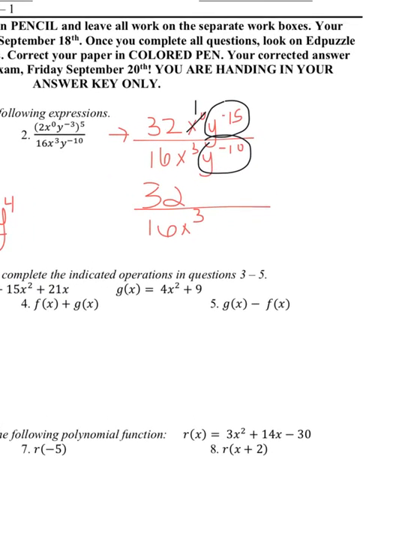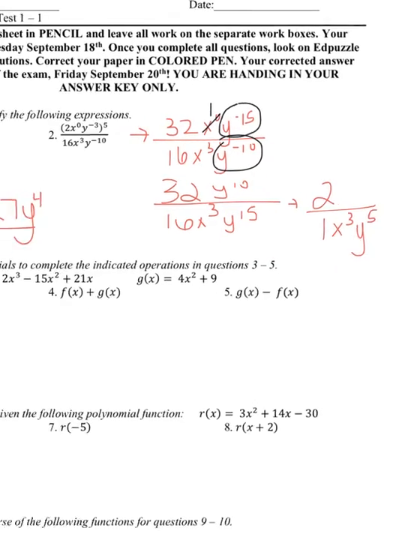And then I'm just going to change this to be y to the positive 10th on the top and y to the positive 15th on the bottom. So now I'm just going to clean this up. 32 divided by 16 turns into 2. If you want to put that 2 over 1, you can. X to the third is by itself. Nothing's happening to it, but it's in the bottom, so it stays there. And then y to the 10th divided by y to the 15th. 15 minus 10 is 5. The winner goes to the bottom, though, because 15 is the bigger one.